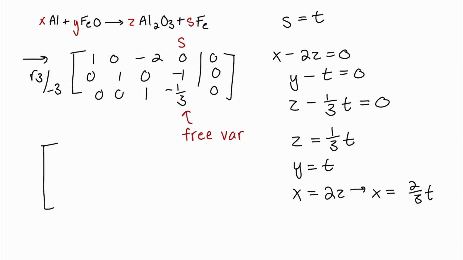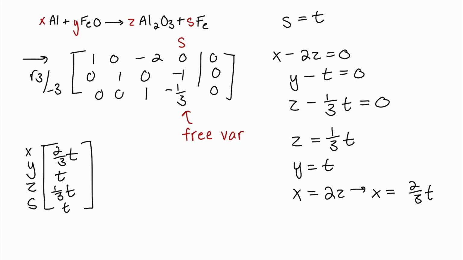So now we can put them all in a column vector. So we have x, y, z, and s, and so x equals 2/3 t, y equals t, z equals 1/3 t, and s equals t. And then what we want to do is get all whole numbers, because when you balance this out, you don't want to have like half of aluminum.